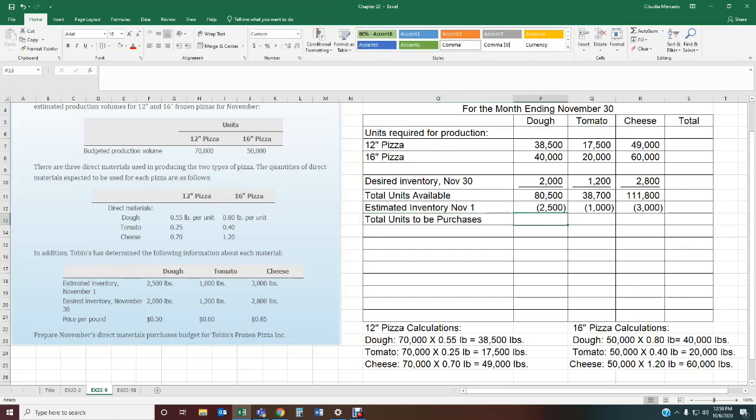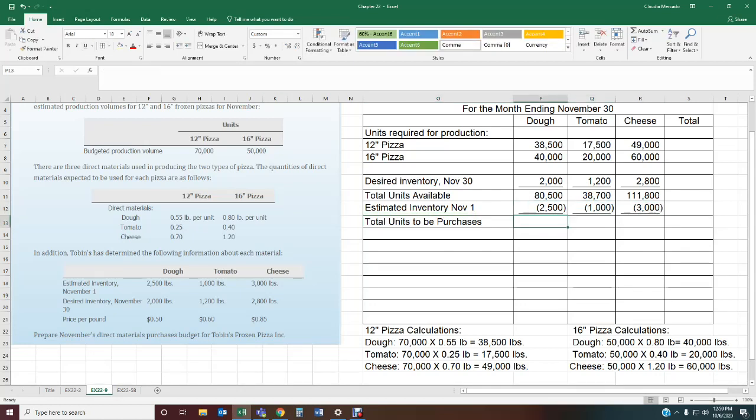So to do that, you're going to take your total units available minus your estimated inventory November the 1st. And then that'll give us our amount for each of the columns. So that's going to give us 78,000 for our dough, 37,700 for our tomato, and 108,800 for our cheese.